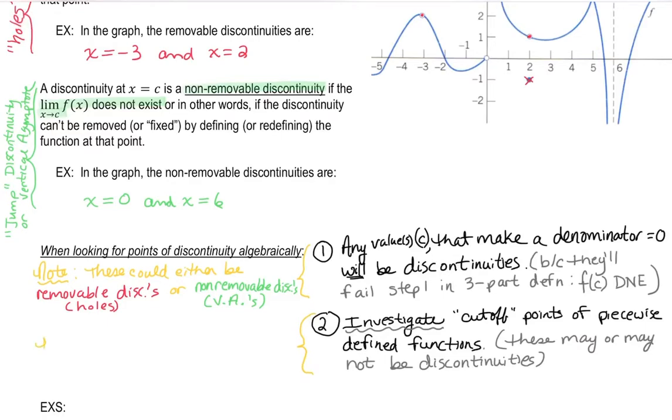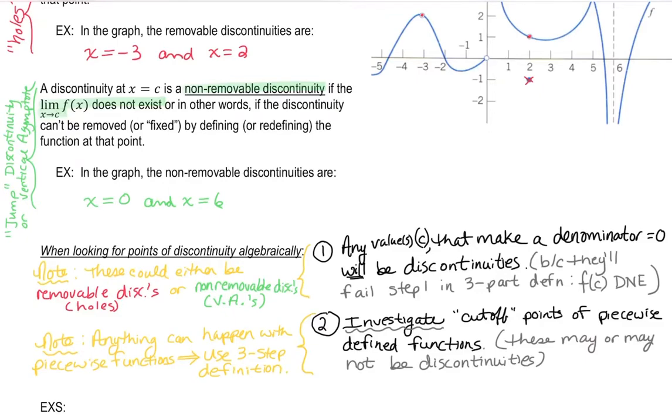So let's add a note: basically anything can happen with piecewise functions, and because of that, we're going to need to use our 3-step definition to investigate what's happening at that point.